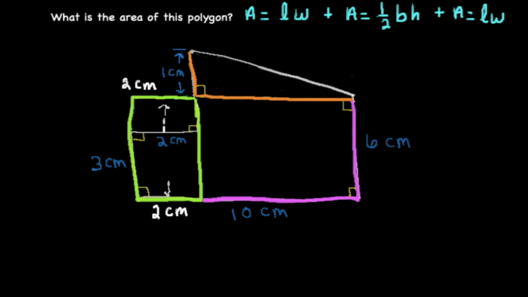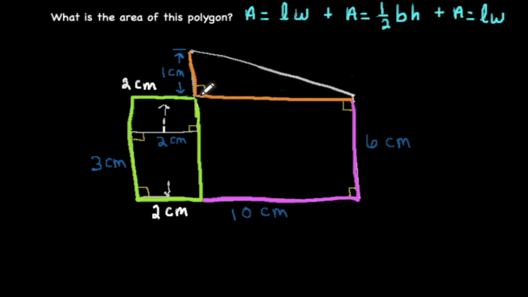So there are some more adjustments to be made here because this base right here is in alignment with this base here. And notice that the base doesn't go all the way out here. So that means this 2 centimeters must be subtracted from the 10 centimeters, right? Because the bases have to be in alignment.